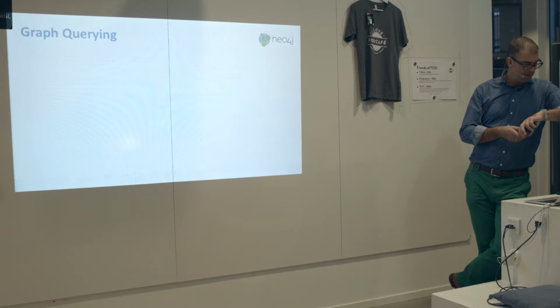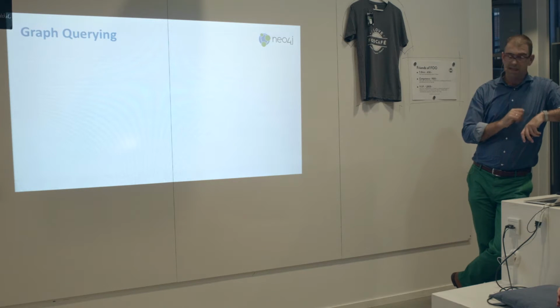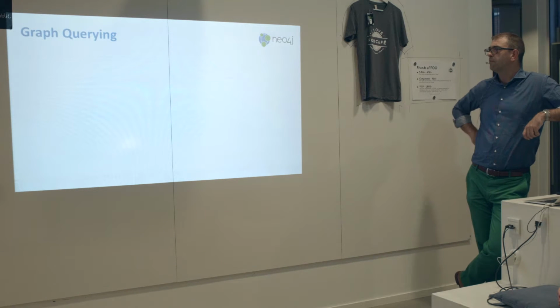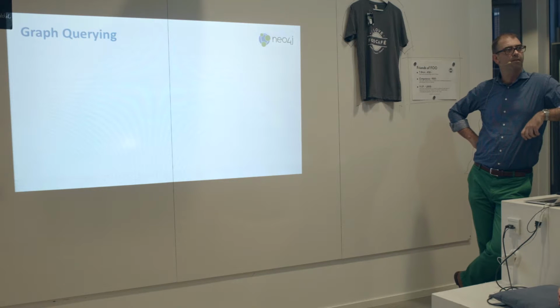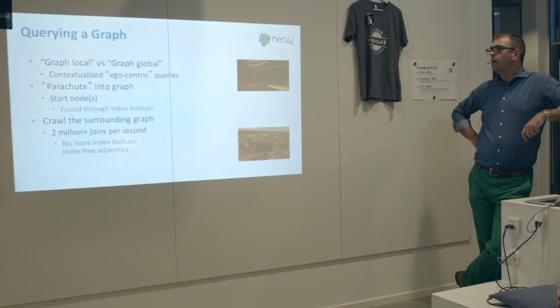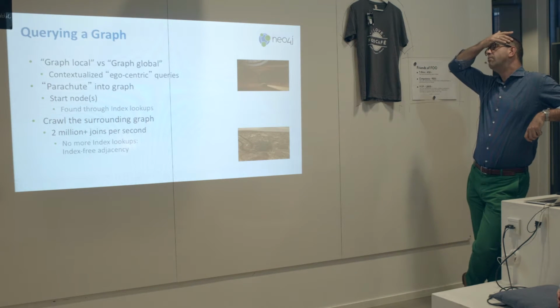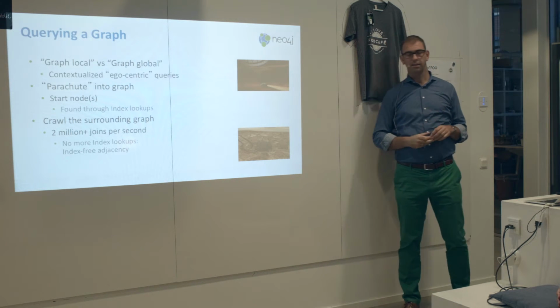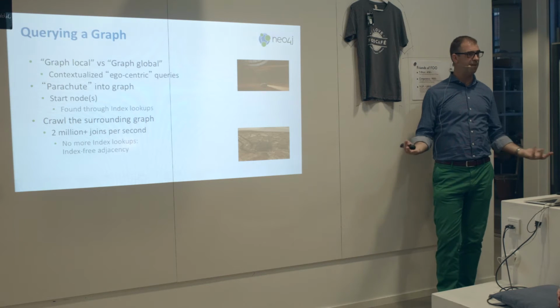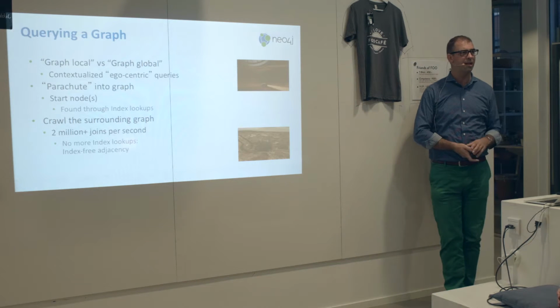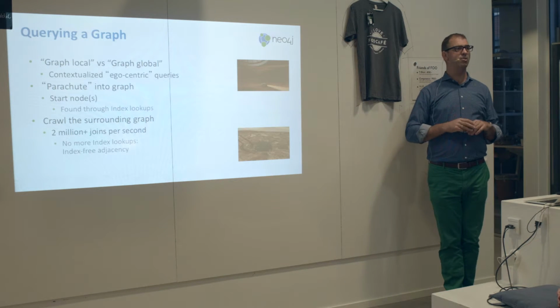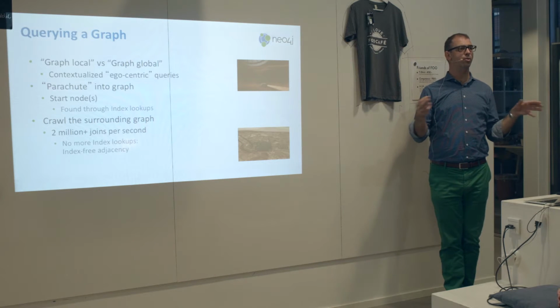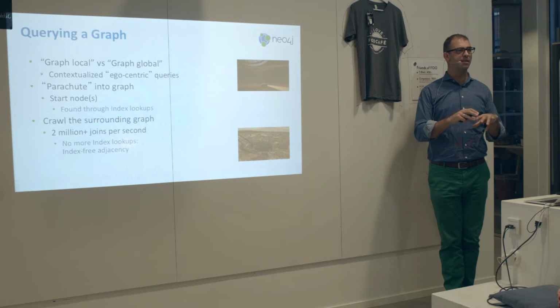Let's talk a little bit about graph querying, and I'm conscious of time, and I want to show you a little bit of a demo as well, to make it tangible. Querying graph, the most important thing for you to take away there is that there are lots of different types of queries that you can run against the graph database, but essentially they usually fall into two big categories.